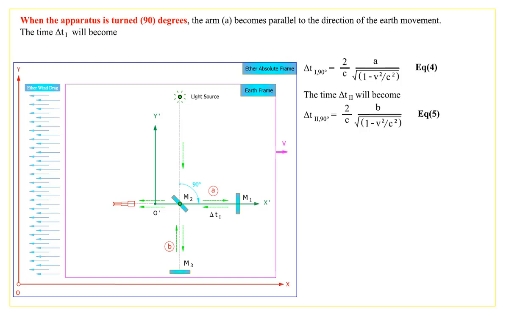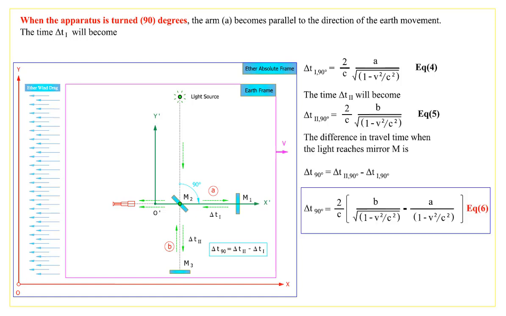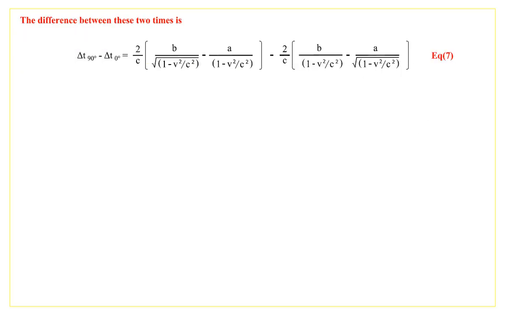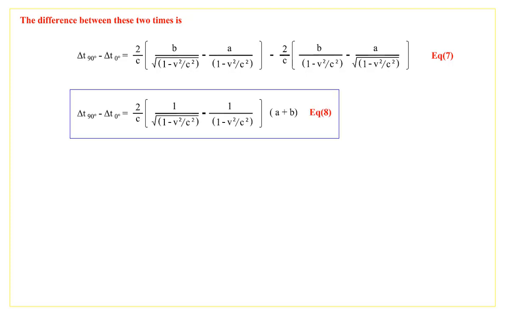The time delta t2 at 90 degrees will be given by the equation. The difference in travel time when the light reaches mirror M is delta t at 90 degrees equals delta t2 at 90 degrees minus delta t1 at 90 degrees. The difference between these two times is given by the equation.